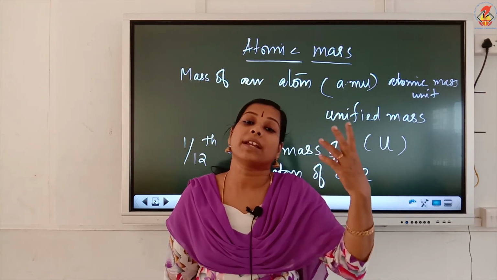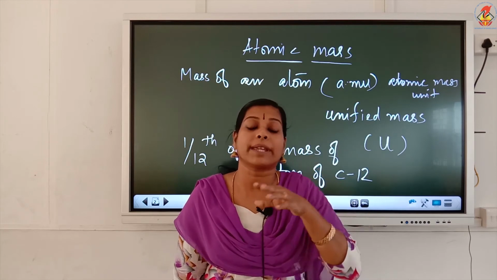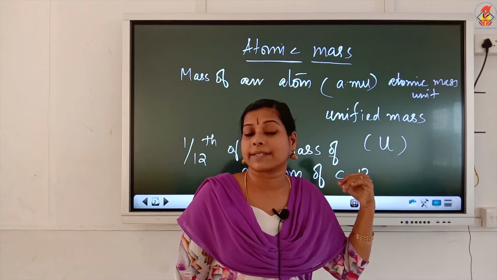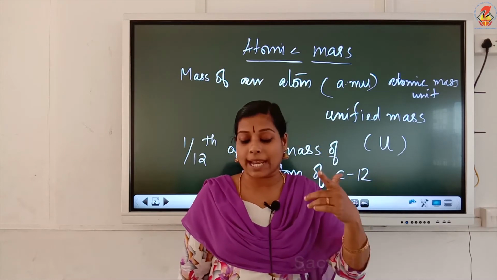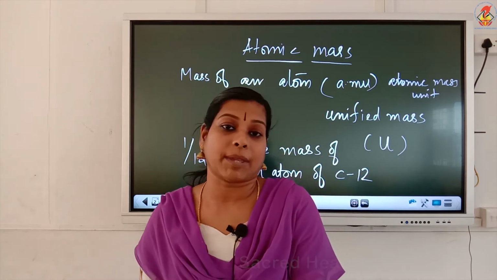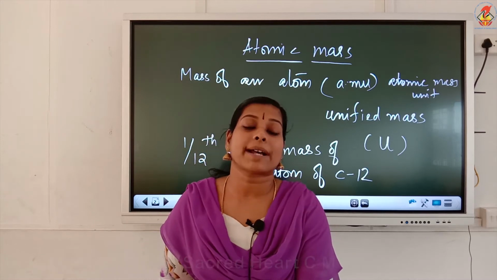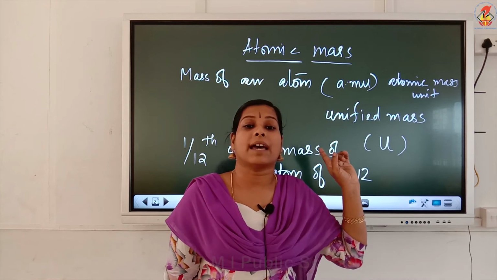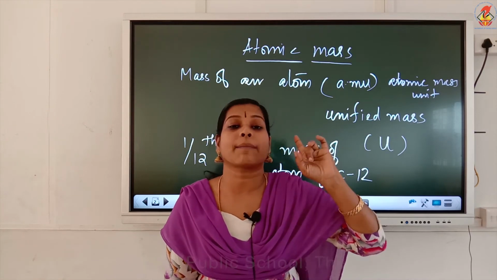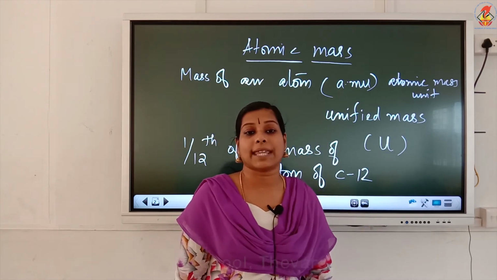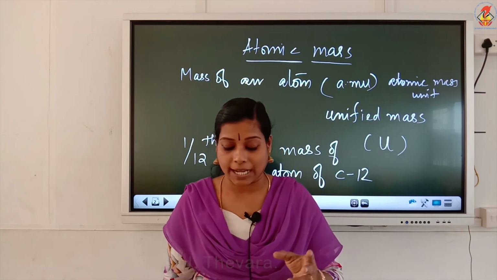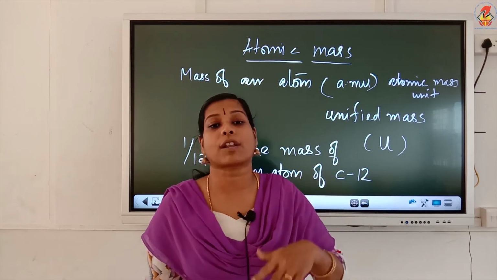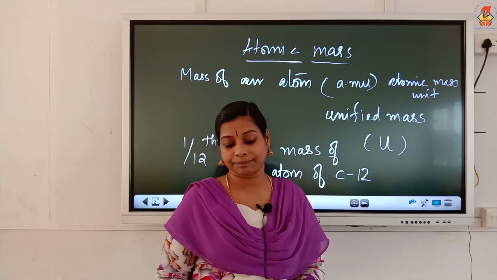So nowadays we tell it as relative atomic mass, compared to the atomic mass of carbon 12: with respect to carbon 12, how much bigger or smaller the atom is.